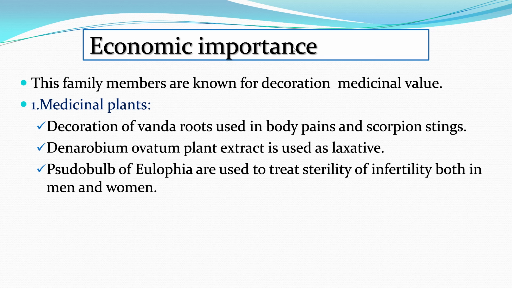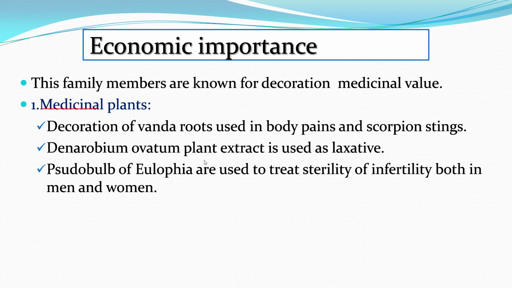Next, what is the economic importance of the Orchidaceae family? In this family, there are decorative plants and plants with medicinal values. First is medicinal plants. Vanda roots are used for body paints and scorpion stings.